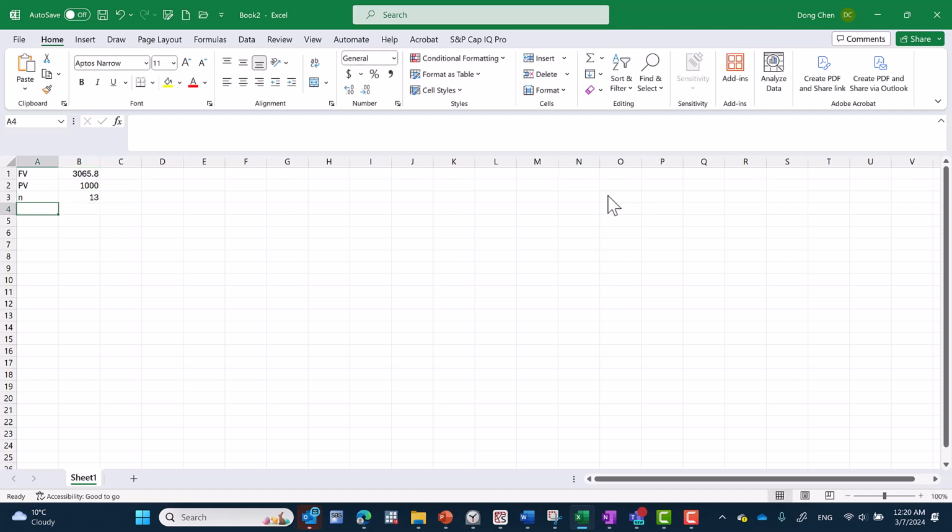So we know that future value equals present value times 1 plus interest rate raised to the power of n. Right, we know this relationship.